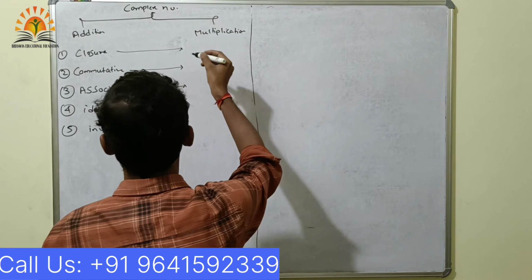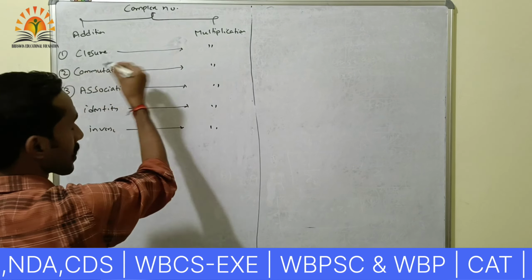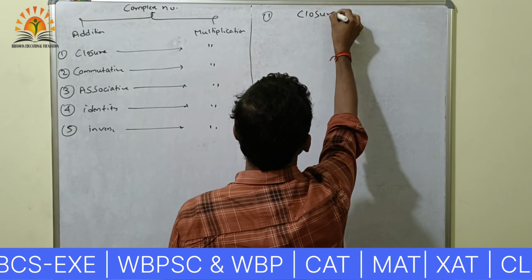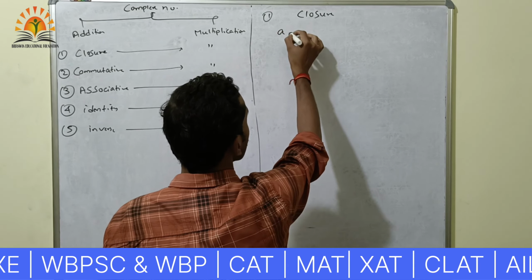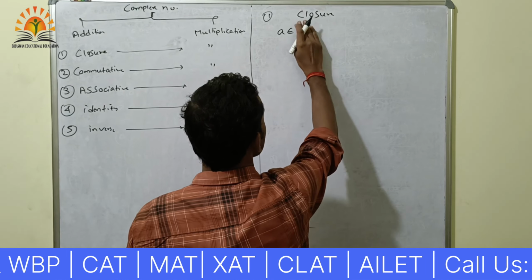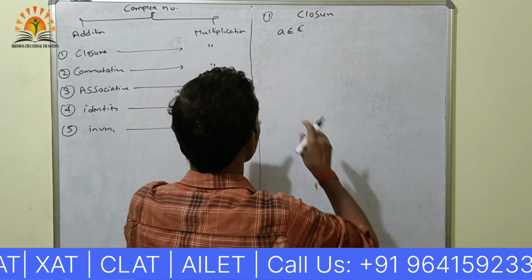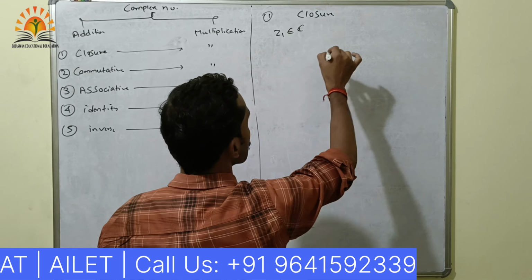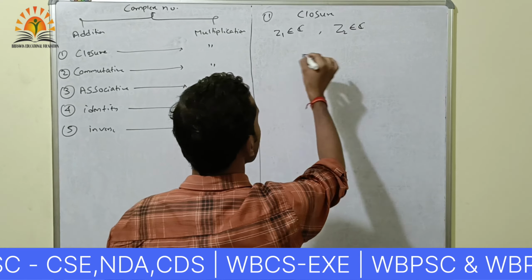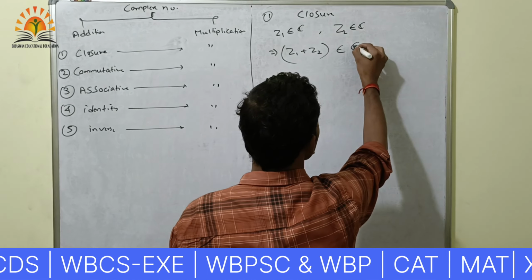So for the first, closure property, what is the meaning of closure property? It is very simple. Let us assume the set of complex numbers is denoted C. If Z1 belongs to complex numbers and Z2 belongs to complex numbers, this implies that Z1 plus Z2 belongs to complex numbers.